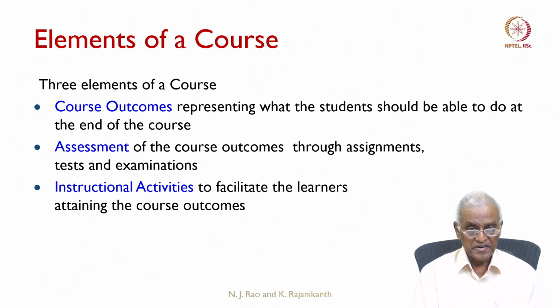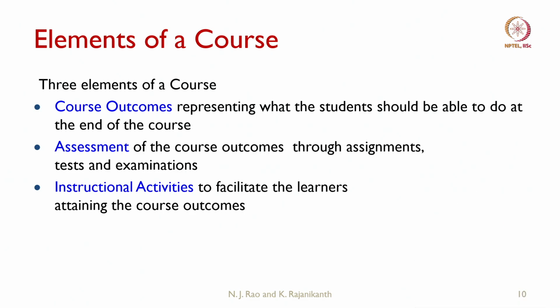That means if I train my student to perform well in the assessment instruments that I am going to design, then he has attained the course outcomes. So, all the three are linked together. We will keep repeating that. Please remember: course outcomes, assessment and instructional activities.